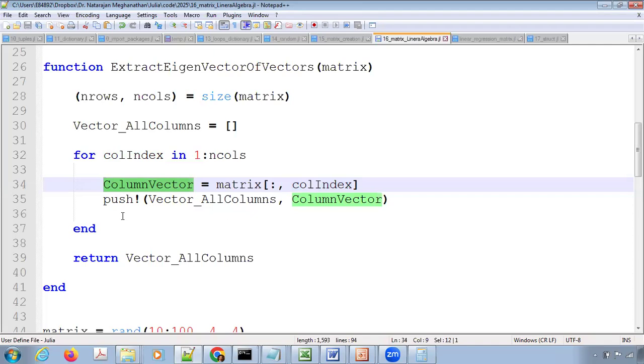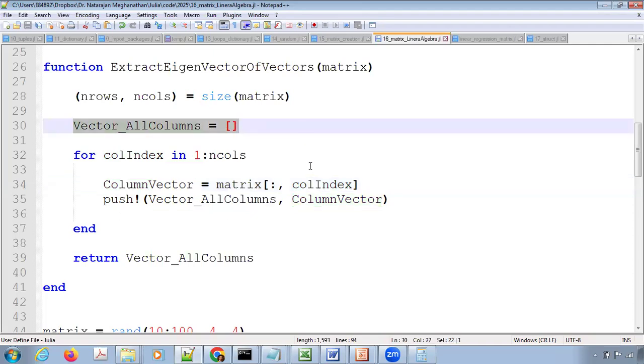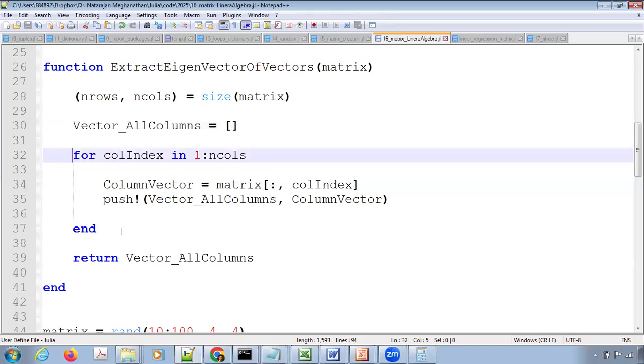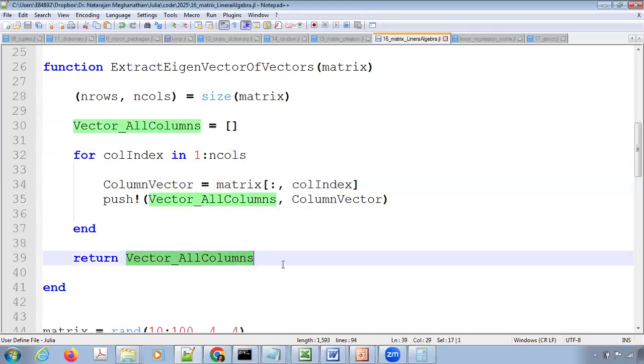And then I can push that column vector into this vector of all columns. Okay, so the first column vector basically has been pushed to the vector of all columns. And I repeat this process for call index 2, call index 3, call index 4 to push column vectors corresponding to columns 2, 3, and 4. And once I'm done with that for loop for 4 columns, I can return that vector of all columns.